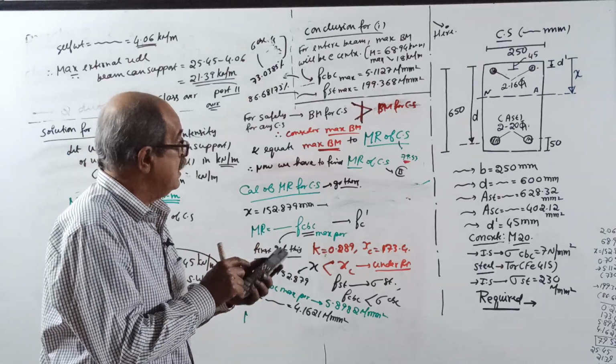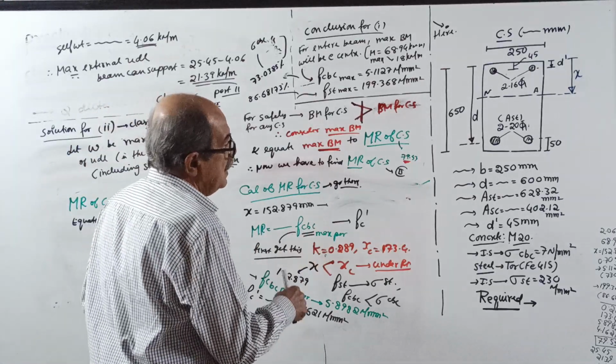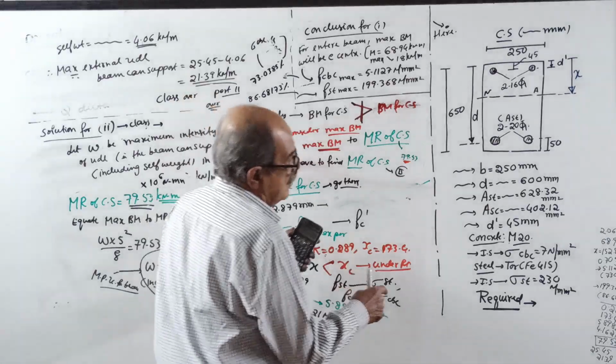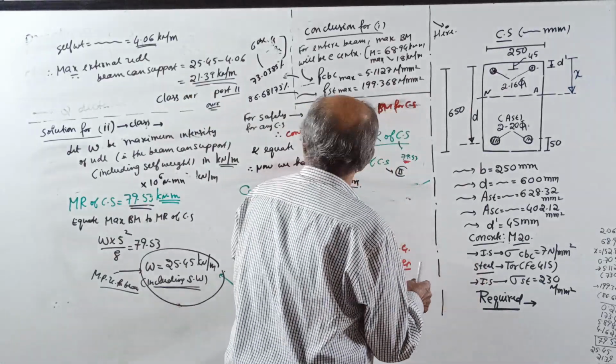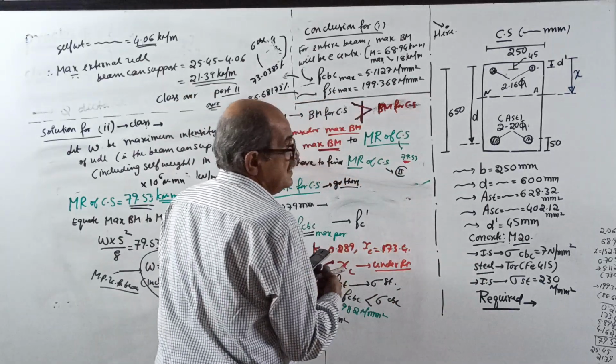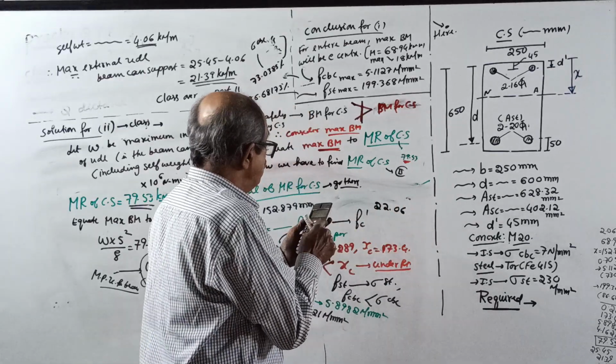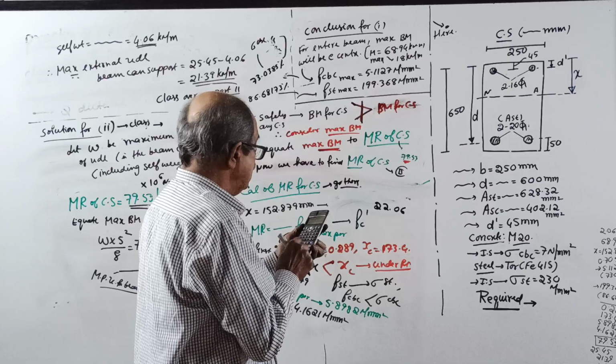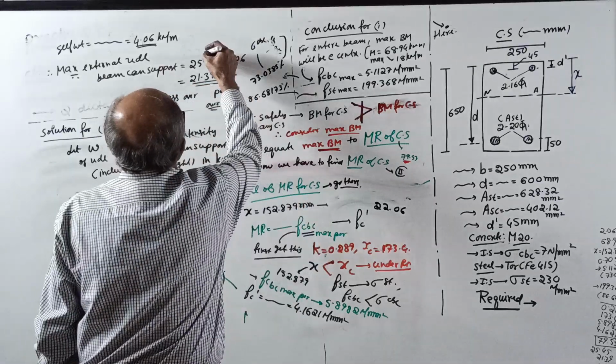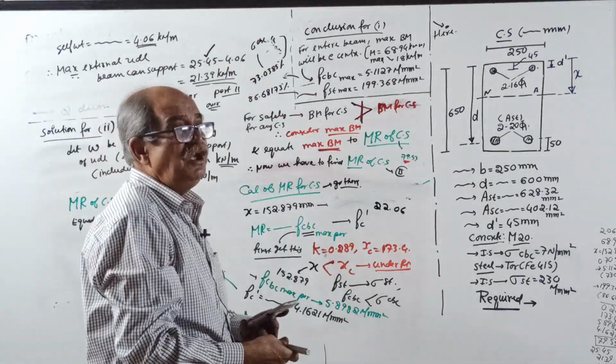I will multiply that with your earlier UDL, including self-weight, of 22.06. I got 25.45. Oh, that way you can do it?